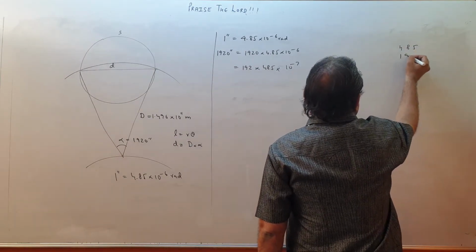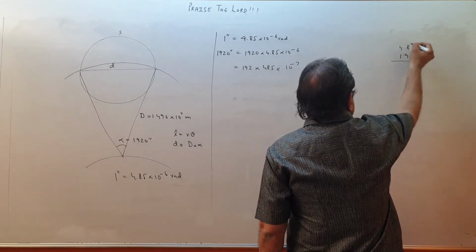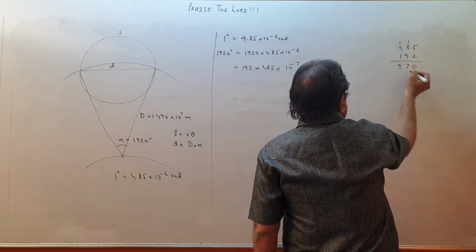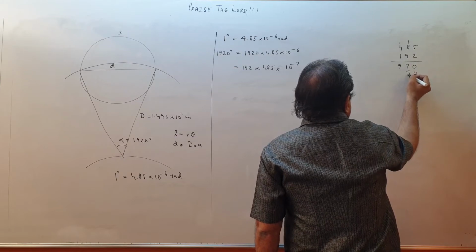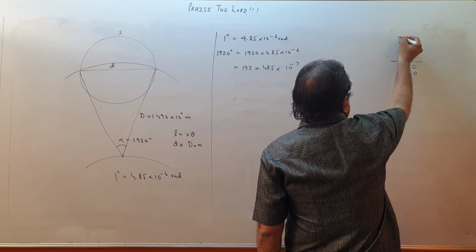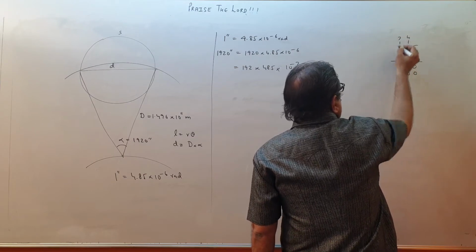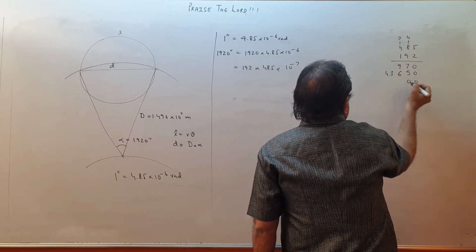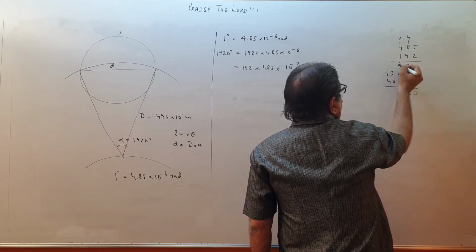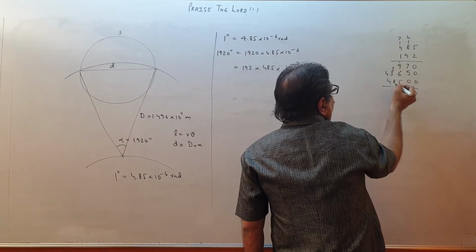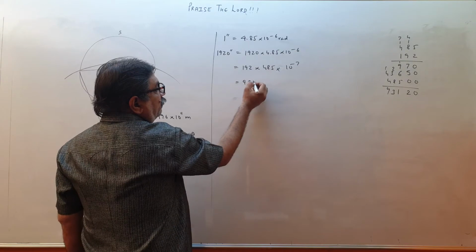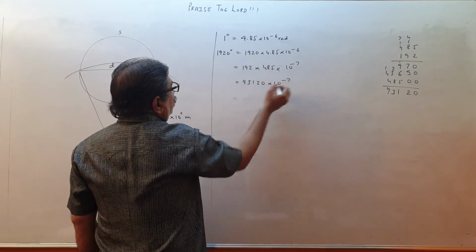So 485 by 192. 5 twos are 10, 16 and 1, 17, 4 twos are 8 and 1, 9. 5 nines are 45, 8 nines are 72 and 4, 76. 4 nines are 36 plus 7, 43, then 485... So this is 93120 into 10 raised to minus 7.